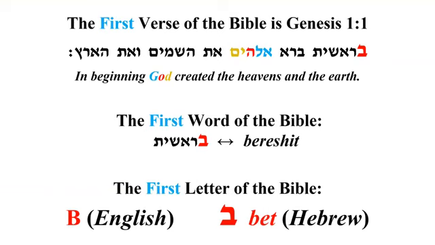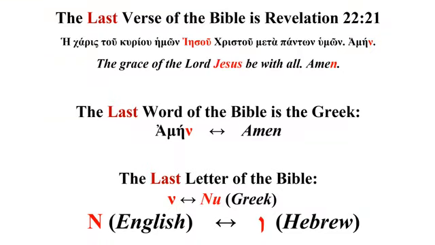Agreed? Anyway, one last thing here. The first verse of the Bible, we already said, was Bereshit bara Elohim et hashamayim va'et haaretz. The first word of the Bible is Bereshit. The first letter of the Bible is Beit. You got it? That's the first. Now let's go to the last letter of the Bible.